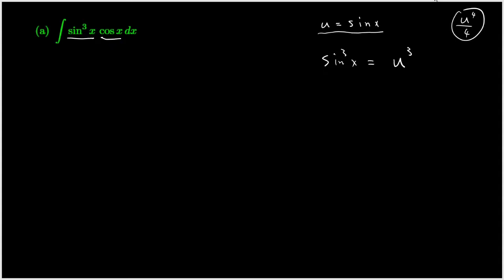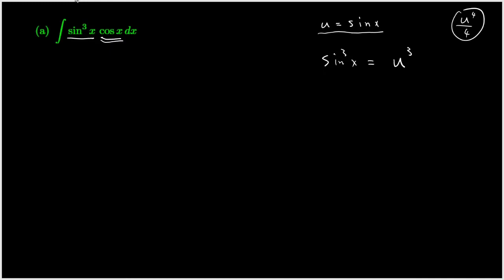How about the other factor, the double underlined factor? I told you to check two conditions. Is it possible to choose u so that one factor will become a function of u with an easy to find antiderivative? That's one of the two conditions.